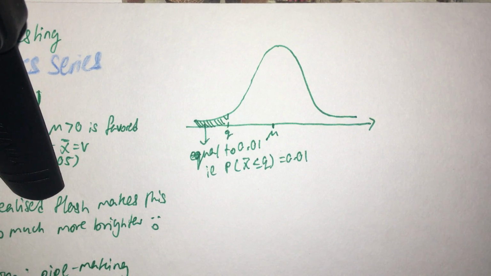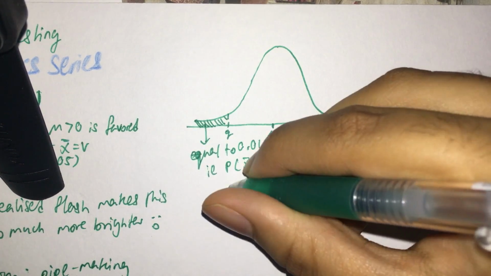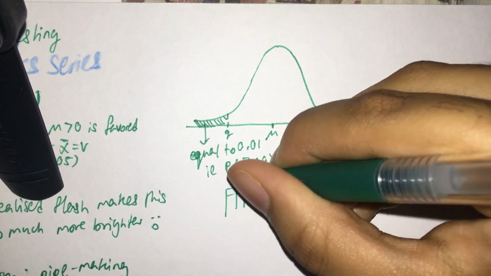That's the area that you get for the 1%. And you do that using your GC, or you can use those tables they put in the data booklet, but no one ever looks at them. Yeah, those tables.